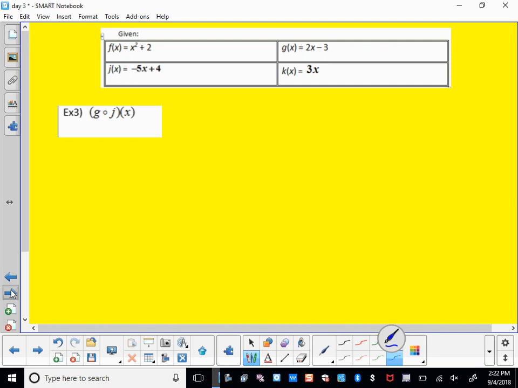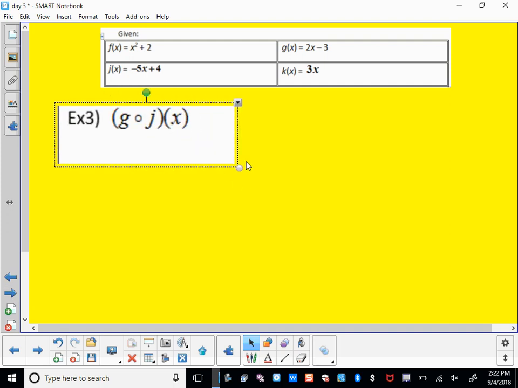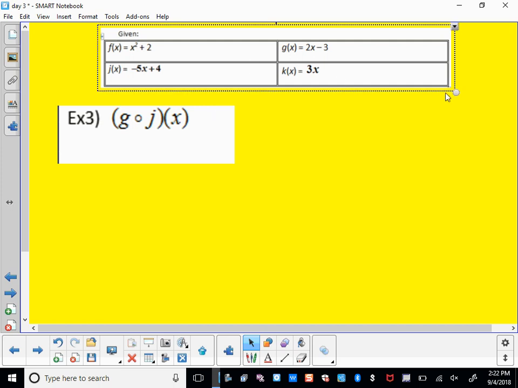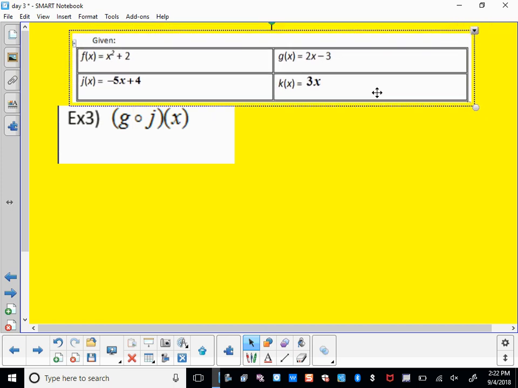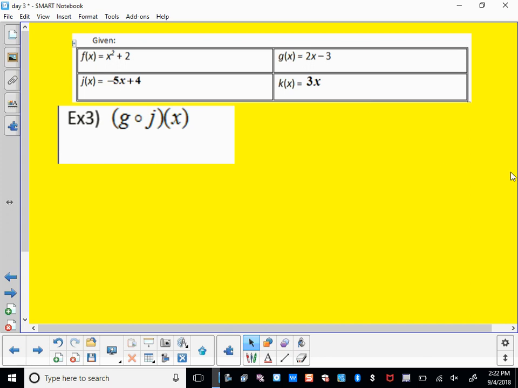All right, now I have g of j of x. First things first, I want to get rid of that open circle, so I just add parentheses so I can see what's on the inside. j of x is on the inside.